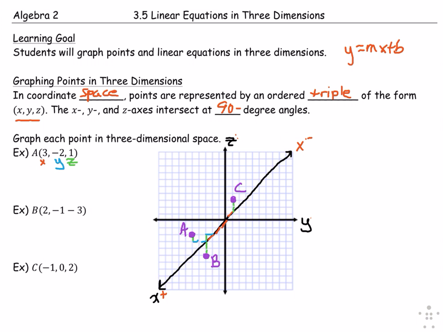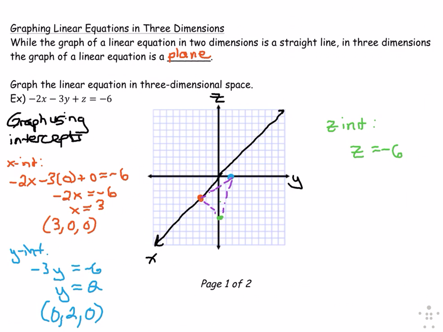But if you feel like going forward means positive, then by all means, just clearly label. I have this superscript here showing positive and negative. When you go to 3-dimensional space, be very careful to make these ordered triples after you find the intersections, the intercepts, so that you're only plotting a single point.